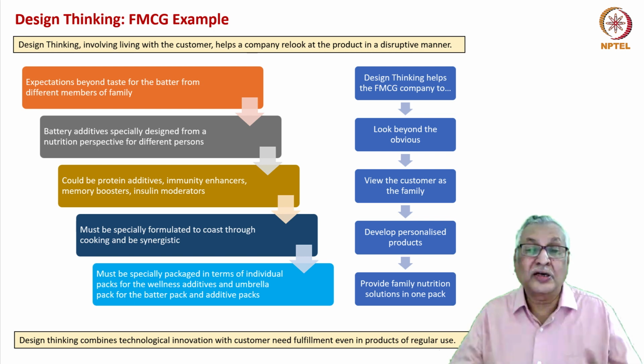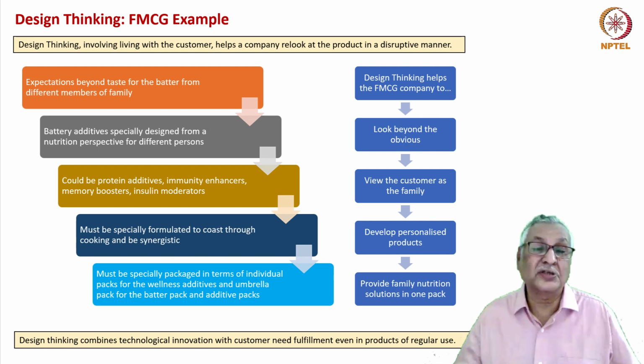That is what one could say: I have got 10 requirements of different kinds of additives, but it is impossible to make a batter which meets all the 10 individual requirements with additives embedded.